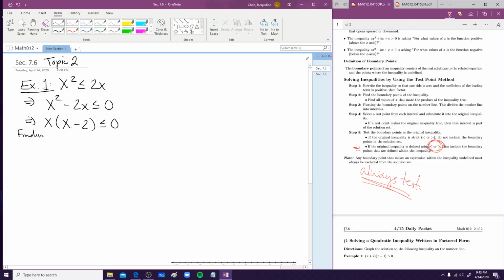I do want you to specify when you are finding the boundary points, but instead of just letting it equal 0, you can use the zero product rule right away. I don't care. So x is 0, that's already solved for us, or x is equal to 2. And these are our boundary points.